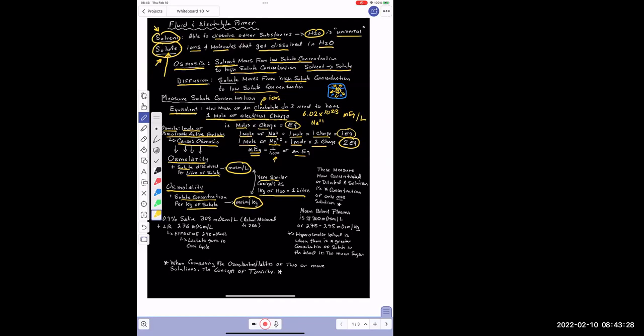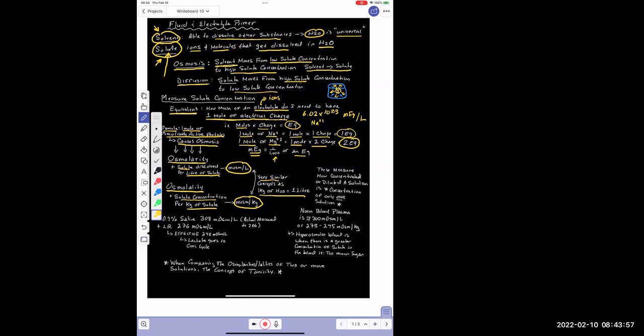So in reality, the values between these two are going to be very much the same when we're measuring the solute concentration in the body.